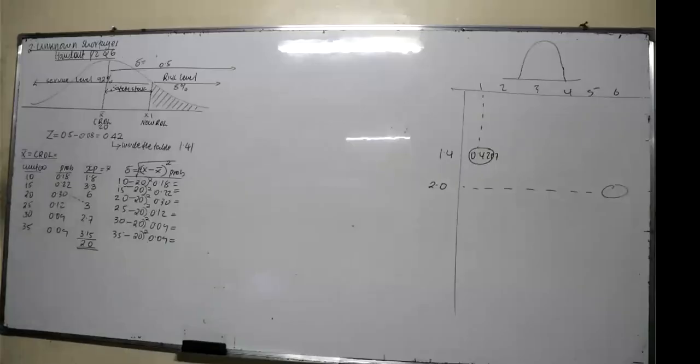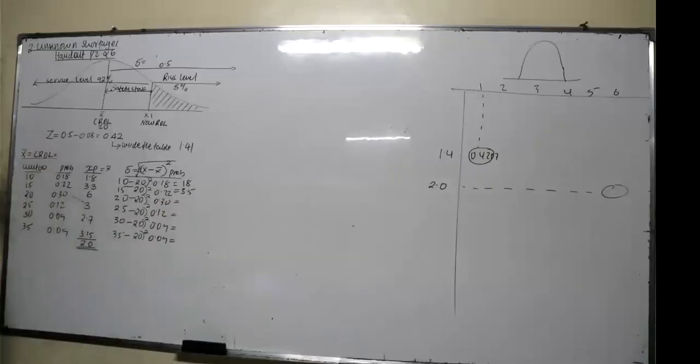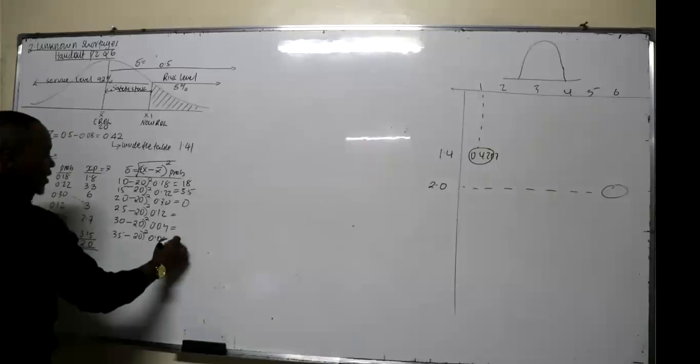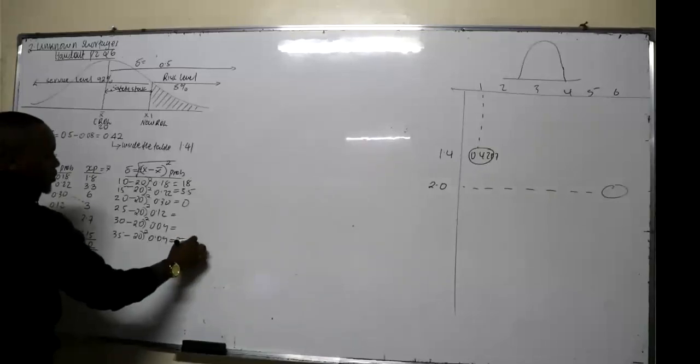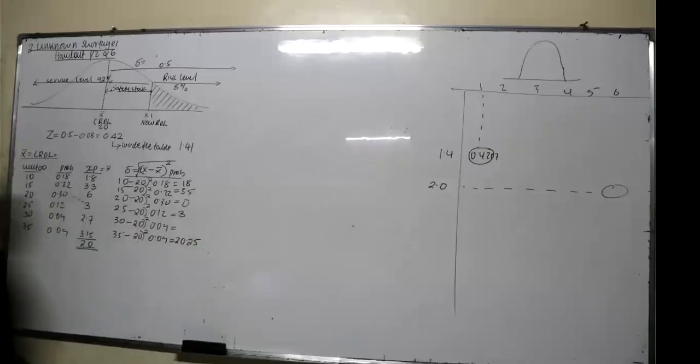Then you get the square root. The first one is 18, then 5.5, this is 0, the last one is 20.25, this is 9.